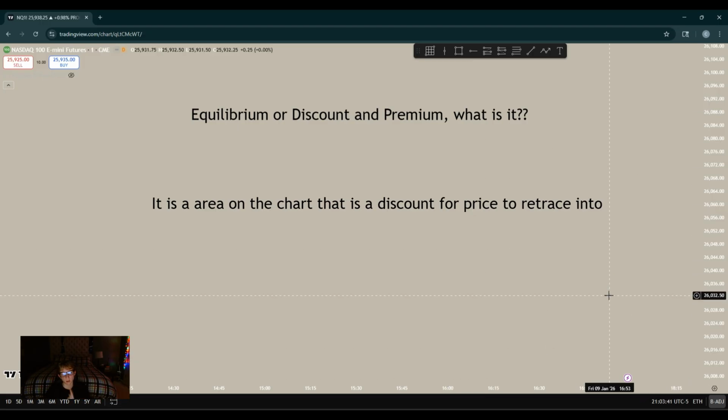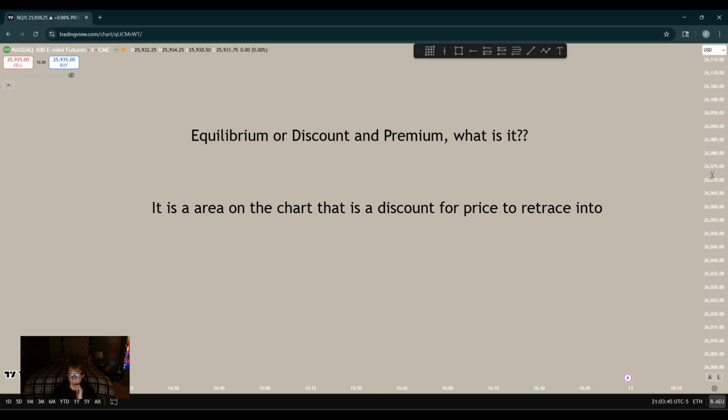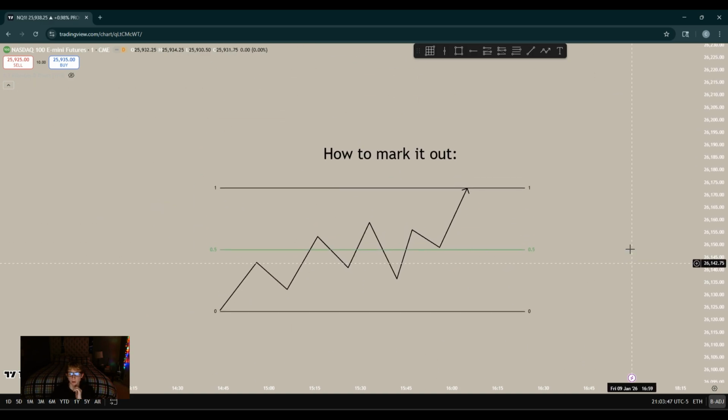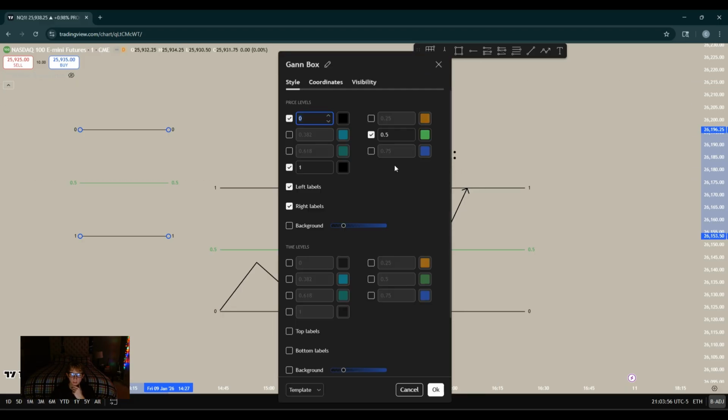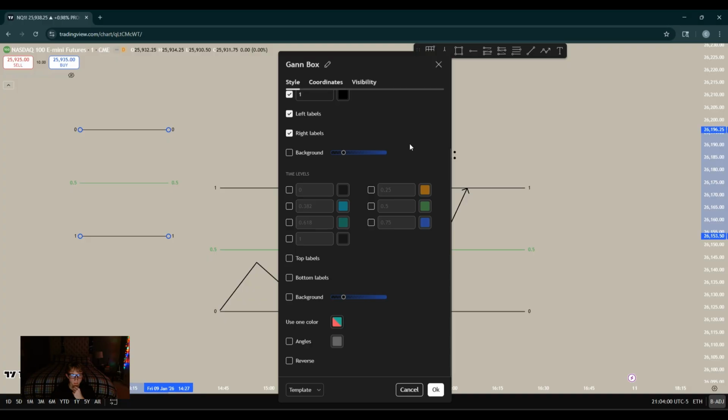Well, it's very important. Let's go into how we mark it out. I'm going to use this box real quick. It's the Gann box on your TradingView chart. Let's go to the settings so you can see my settings. These are the settings for the Gann box. No background, all this good stuff.